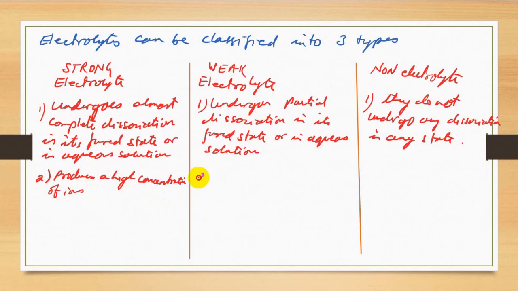Whereas in the second case, not all are dissociating, so they produce a low concentration of ions. Whereas the third one, what will happen? They do not produce ions.